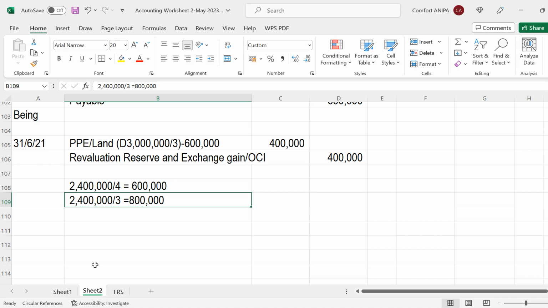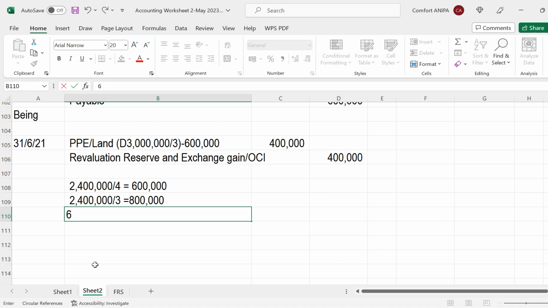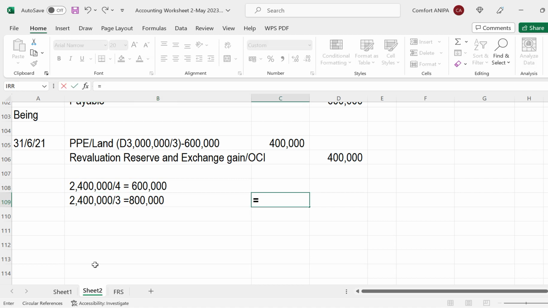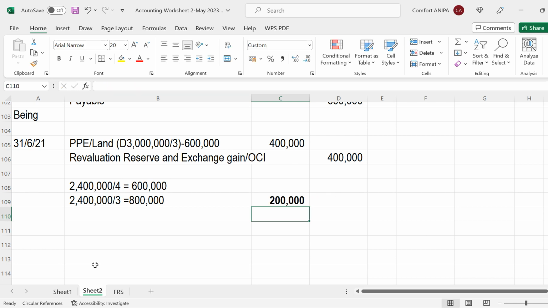So that 3 million is made up of 2.4 million and 600,000. And therefore the 600,000 dinars, if we translate this at 4, we have 600,000. If we translate this at 3, we have 800,000. So between the two, we'll have 800,000 minus 600,000, which will give us 200,000.